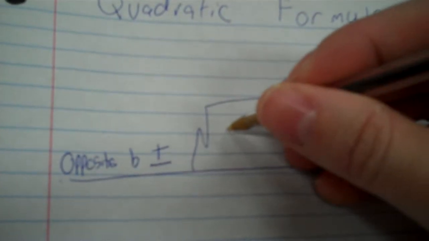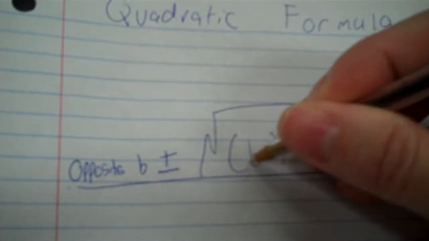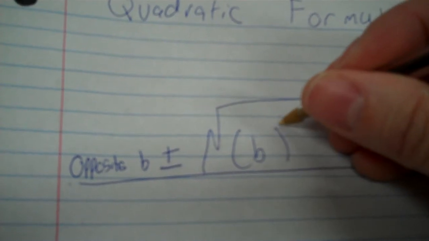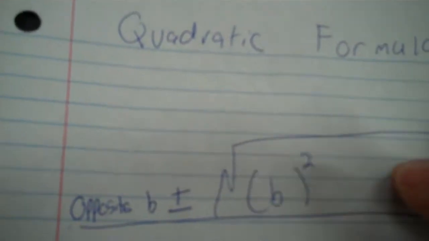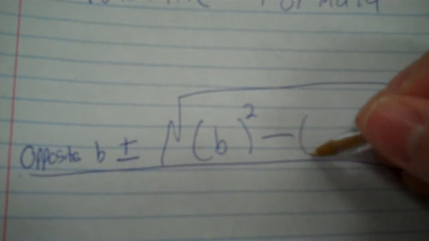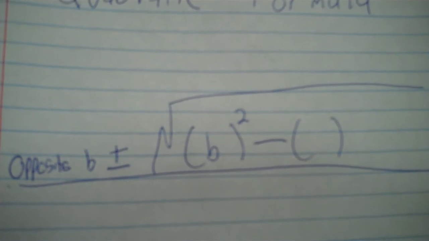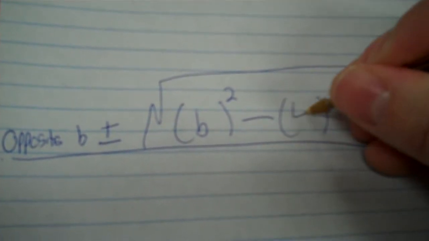Then after the plus minus, you make a big long square root, okay, and here's what you put. You make a parentheses and you put B, and outside that parentheses you put a second power. That's the only place you're going to have a second power. Minus, and then there's a number that's always going to be here, okay? It's always going to be in this equation. That number is 4.